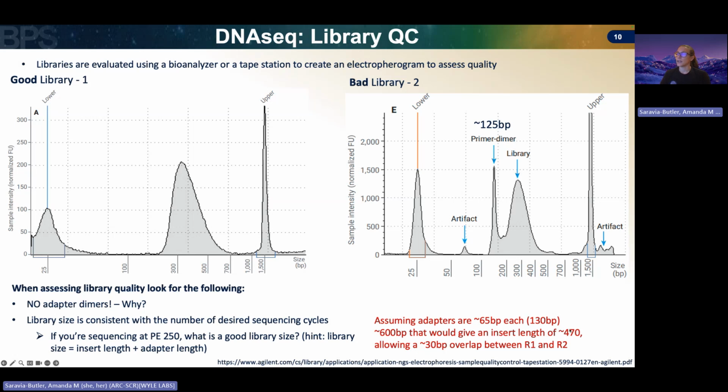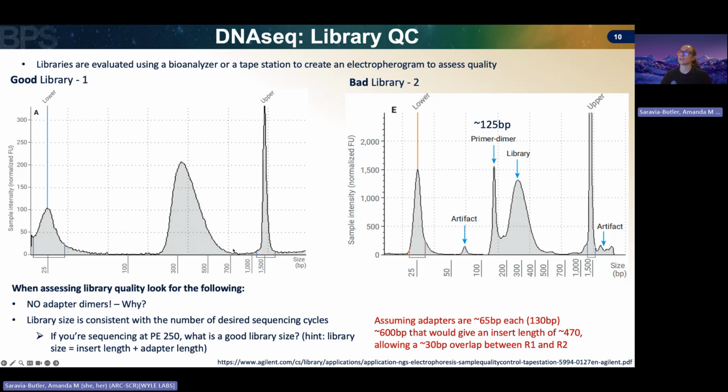And that your insert length is around 470 base pairs. If it's 470 base pairs and you're sequencing a total of 500 bases, 250 this side, 250 that side, you'll have roughly a 30 base pair overlap. And so with an insert length of 470 and an adapter length total of 130, that's what gives me that roughly 600 base pair library size.